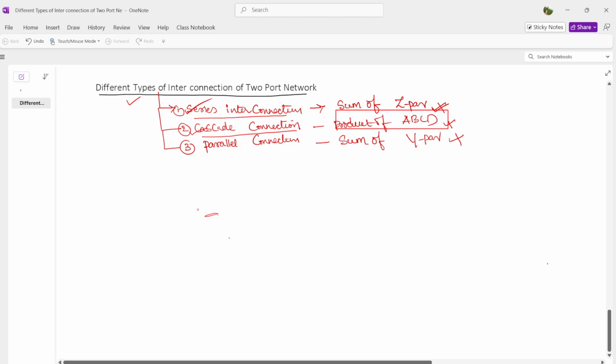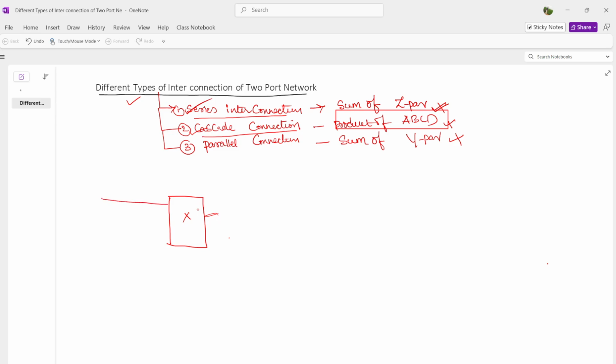So I am going to select two two-port networks with the matrices named X and Y. I am labeling this first two-port as X and another two-port as Y. So these are the two terminals I am having.